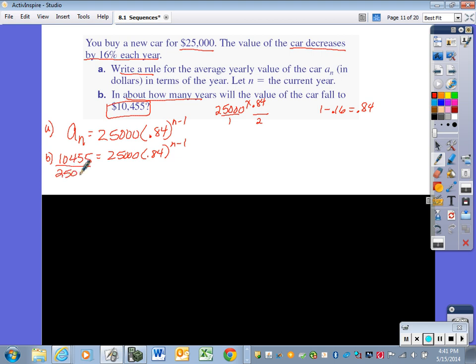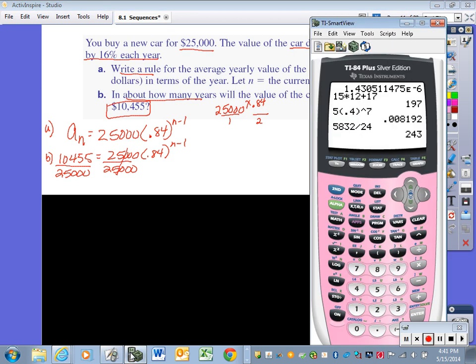Divide by 25,000. 10,455 divided by 25,000 is 0.41822.